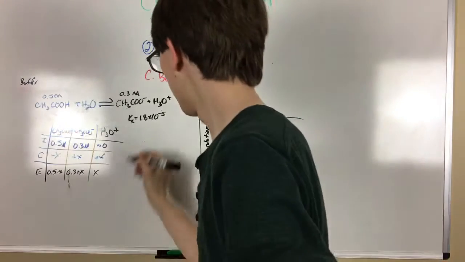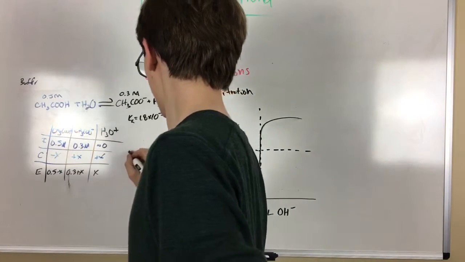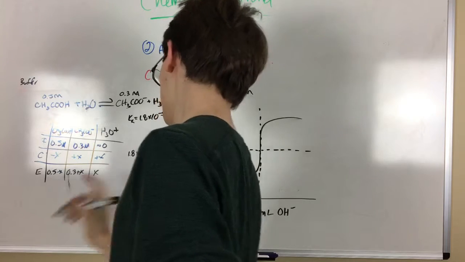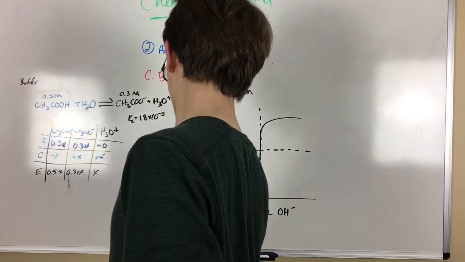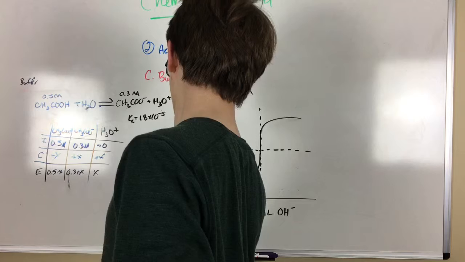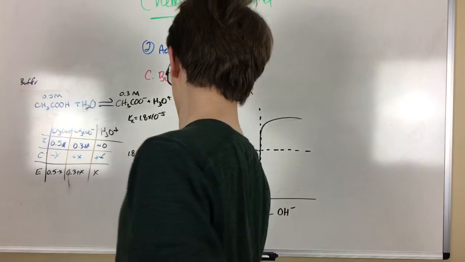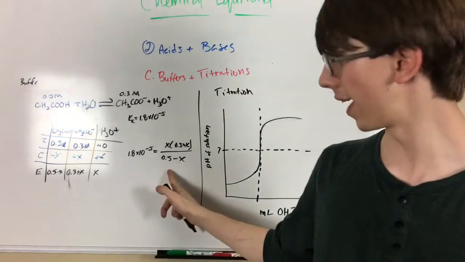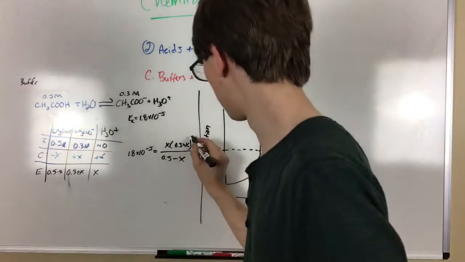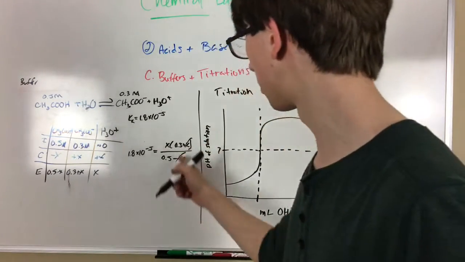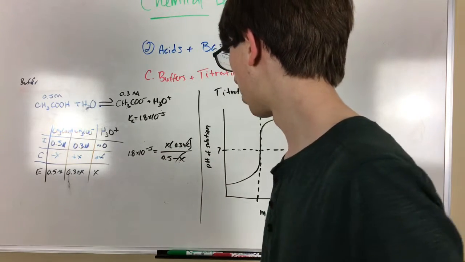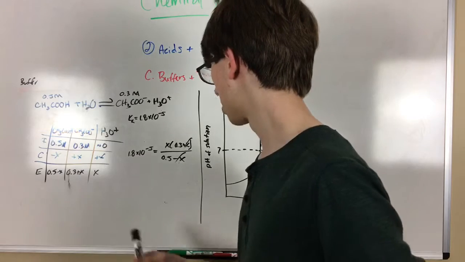Okay, and so what is our Ka expression? 1.8 times 10 to the negative 5 is equal to x times 0.3 plus x over 0.5 minus x. Again, x is going to be too small, so we can cross it out of both of these, and so we're just left with 3 over 5, so that's about 0.6.